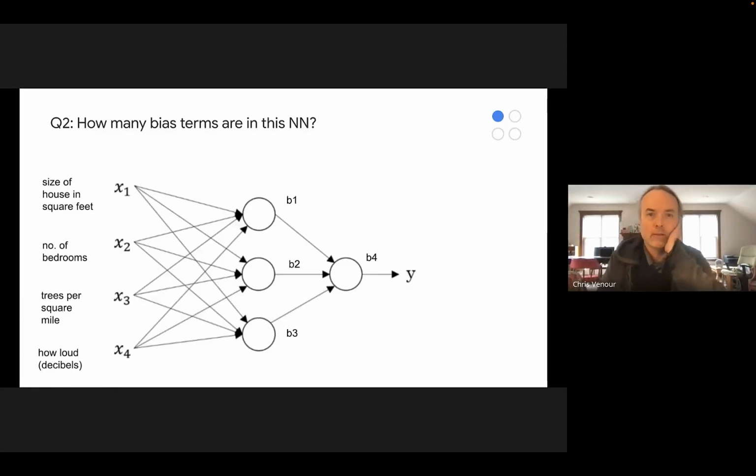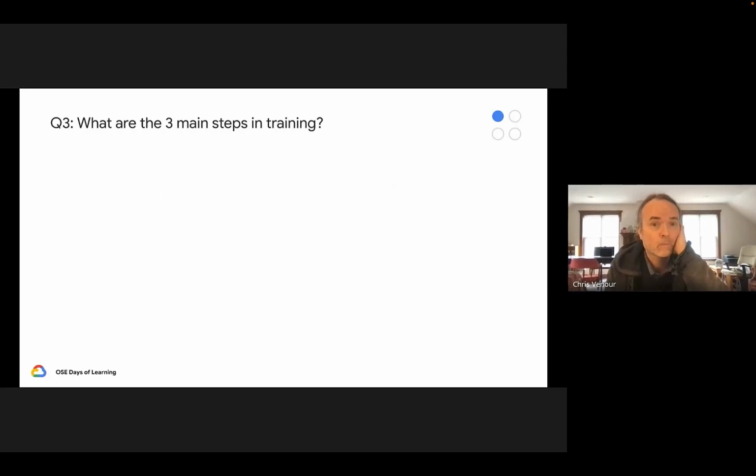Okay, so the answer is each node in the network has a unique bias term. So the answer is that there are 4 bias terms in the network. And then next question, what are the 3 main steps in training? Here, I'm wondering if you remember what the steps in the training loop are.